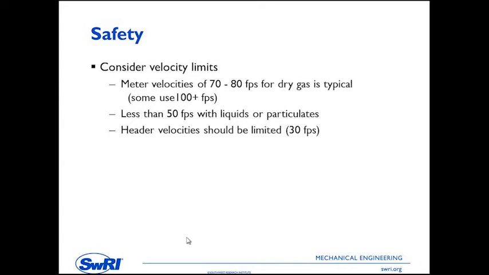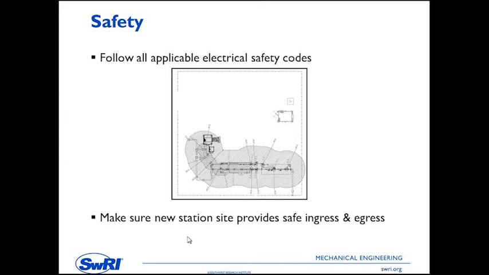I can remember one time where we had a leak in a meter station header where we had some entrained sand in the gas flow. The turbulence in the end cap of the header had stirred the sand, and so we kept sandblasting the internals of the header as we went, until eventually we had a pinhole develop in the header.